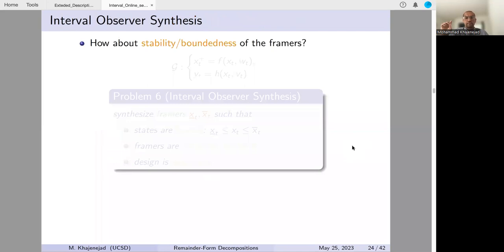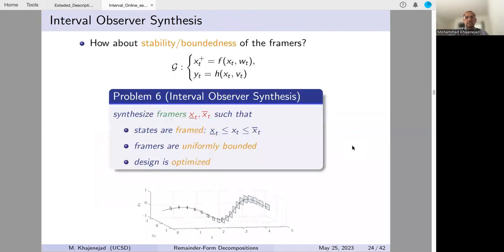So yes, now the question is, given this nonlinear system with nonlinear observations, we want to synthesize these upper and lower framers. We want them to stay uniformly bounded or stable, and we want our design to be optimized. More or less all the criteria that an interval observer should satisfy.